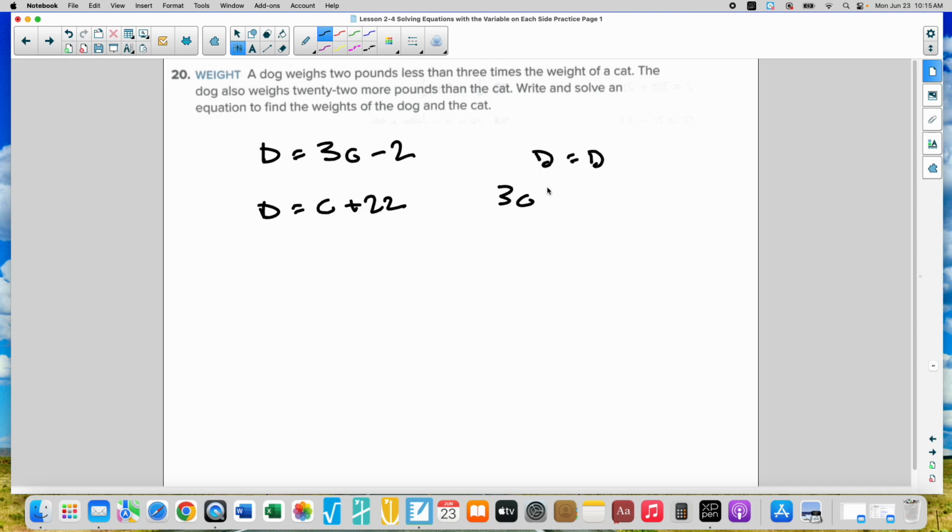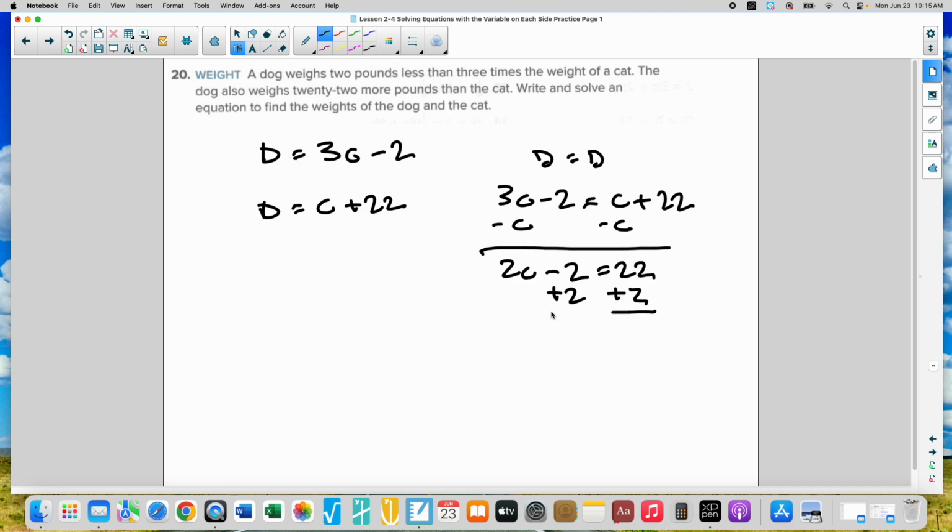So we'll take 3c minus 2, the first situation, which should be equal to c plus 22. Let's move the variables. 2c minus 2 equals 22. Add 2 to both sides. 2c equals 24. Divide by 2. c equals 12.